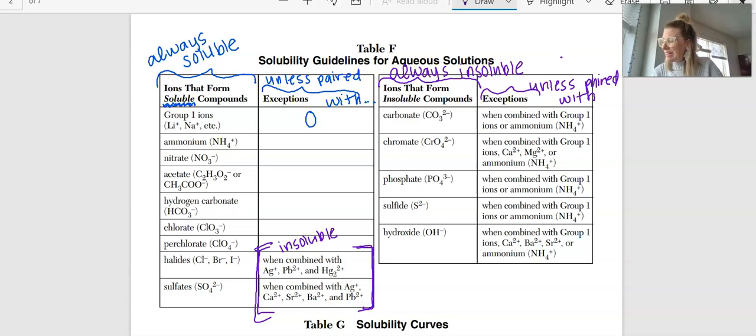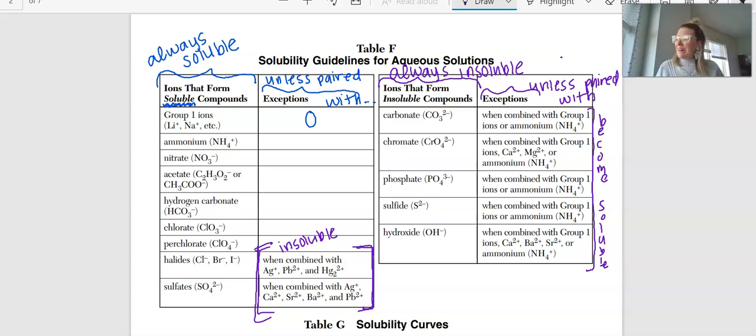Then, with these exceptions, they become soluble. But that makes sense. We just learned from the left-hand side that group 1 ions are always soluble. So if carbonate is always insoluble, unless it's paired with group 1, it's because group 1 is always soluble.